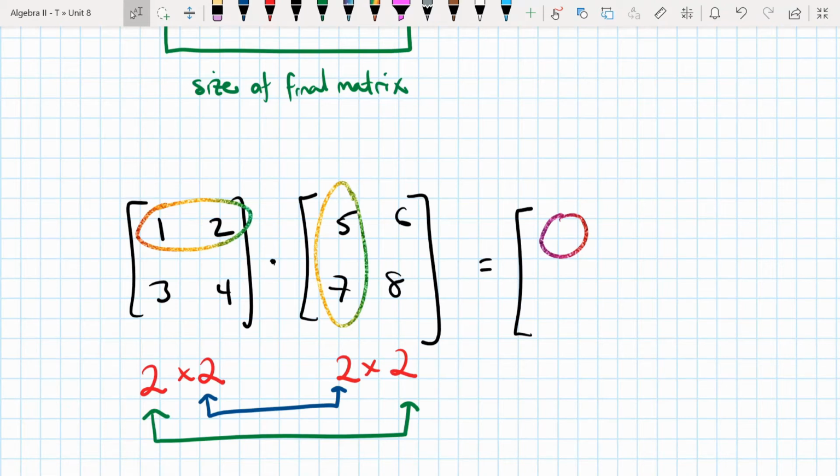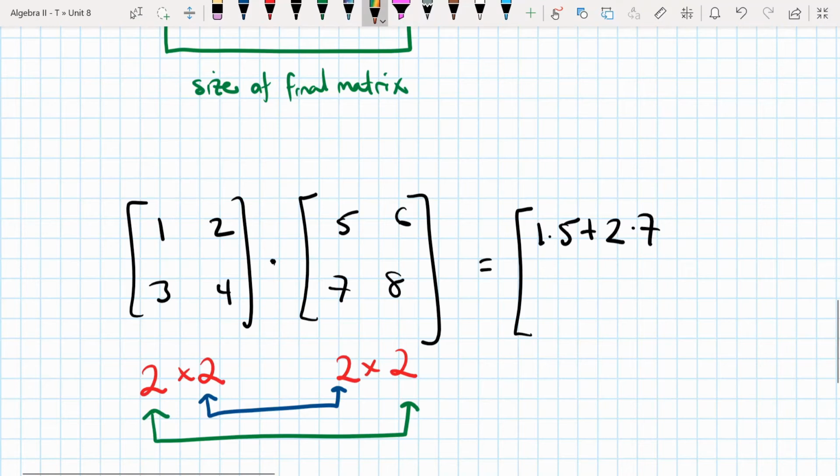So the way it works is we do 1 times 5 plus 2 times 7. That's the first element in this new matrix.